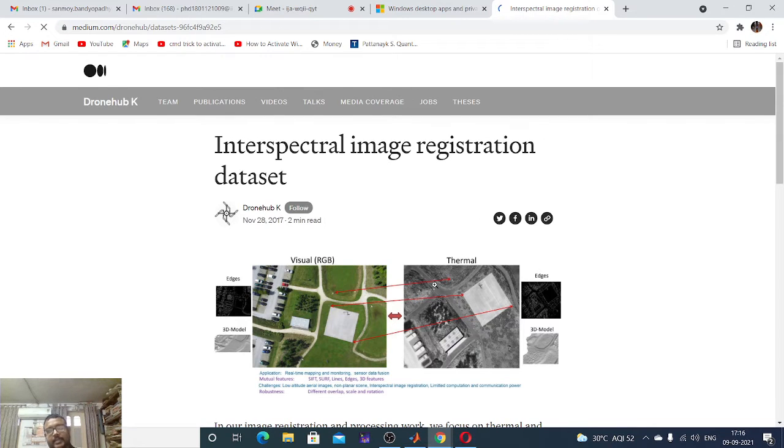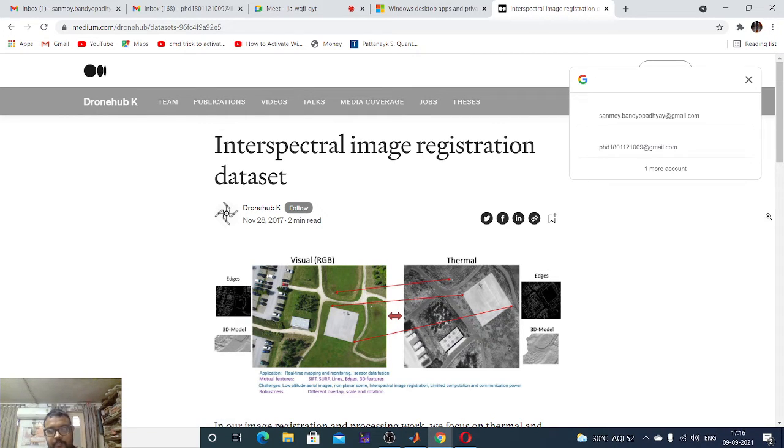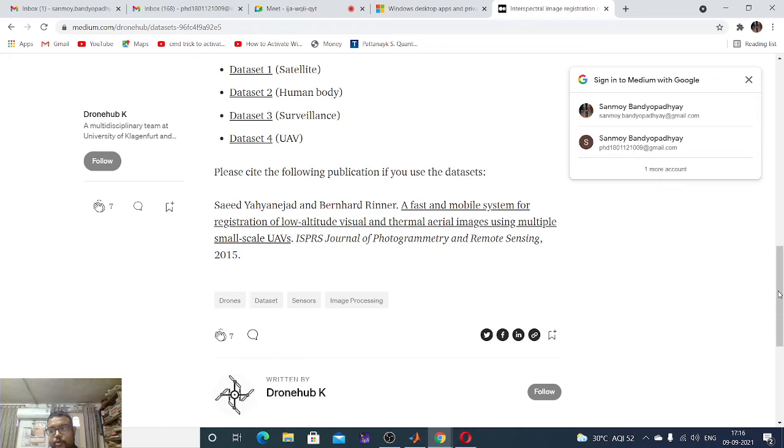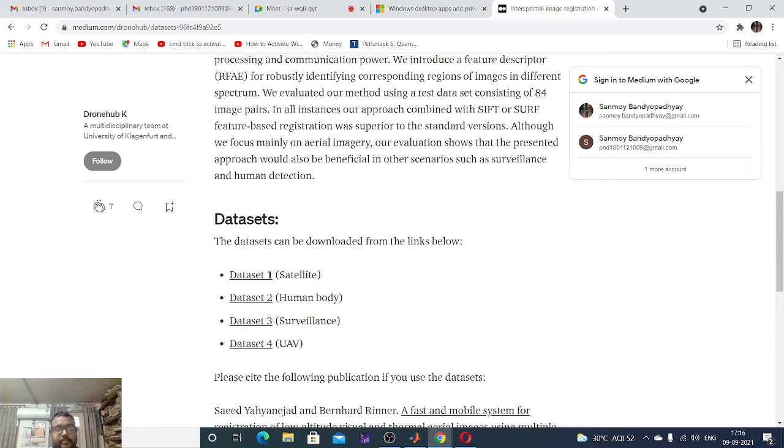Here the author has performed some image registration, which I will tell in the next lab session. So here you can get the data. Have you seen?